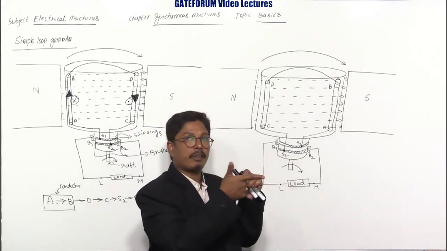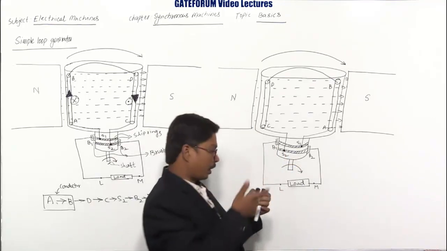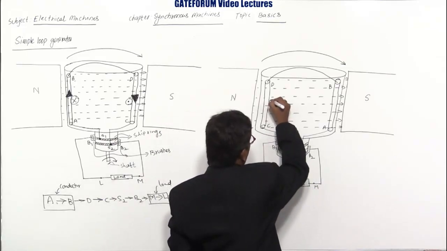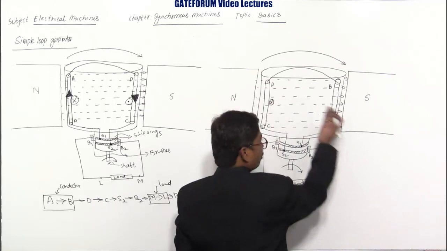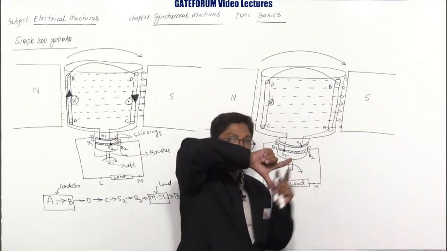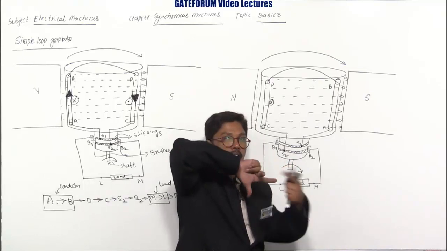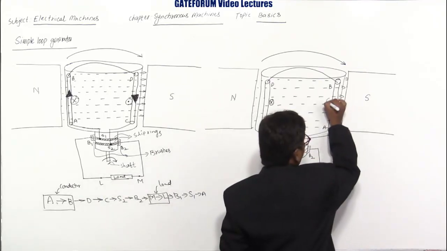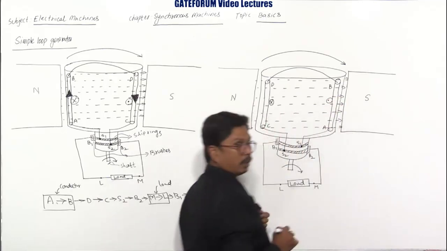When conductor CD is moving in the upward direction, this is the direction of flux, and the nature of induced EMF in conductor CD will be in the inward direction, so the EMF here will be a cross. AB will move in the downward direction. This is the direction of flux, this is the direction of rotation, and this is the direction of induced EMF. In conductor AB it is coming towards you, so it will be a dot.